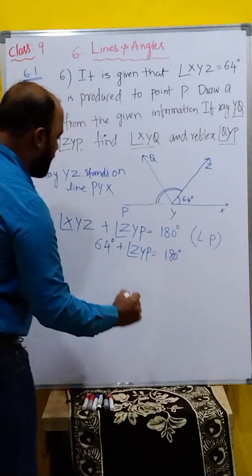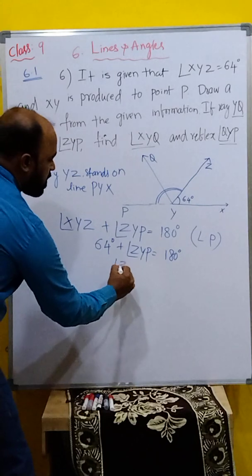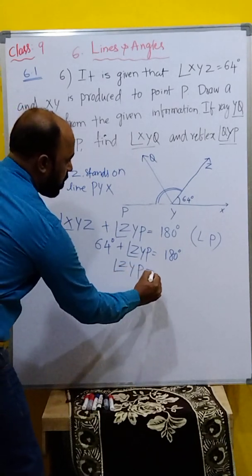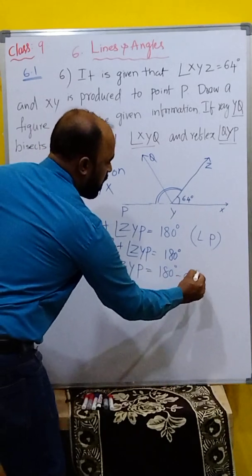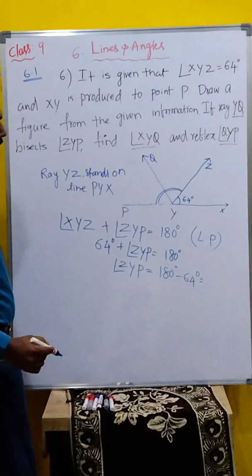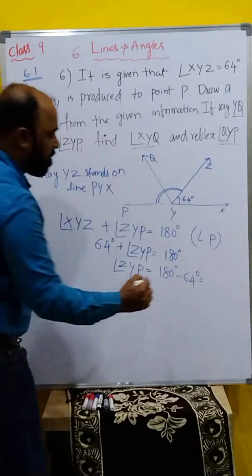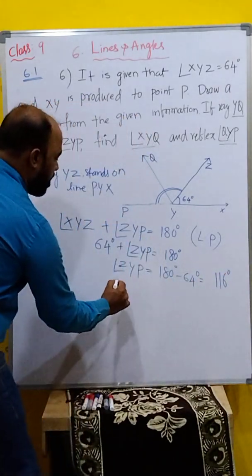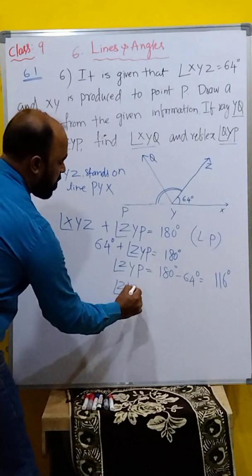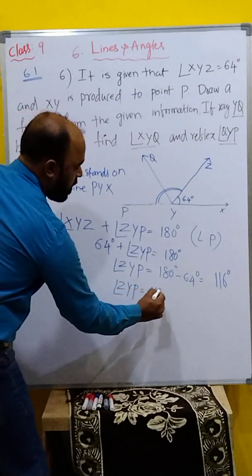Transpose 64 to the right side. Angle ZYP is equal to 180 degrees minus 64 degrees. What is the answer? 180 minus 64 is 116. Angle ZYP is equal to 116.